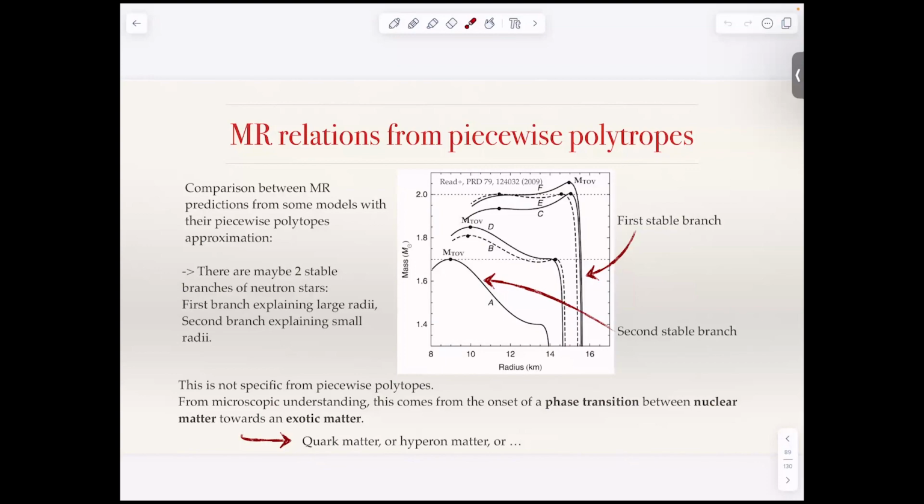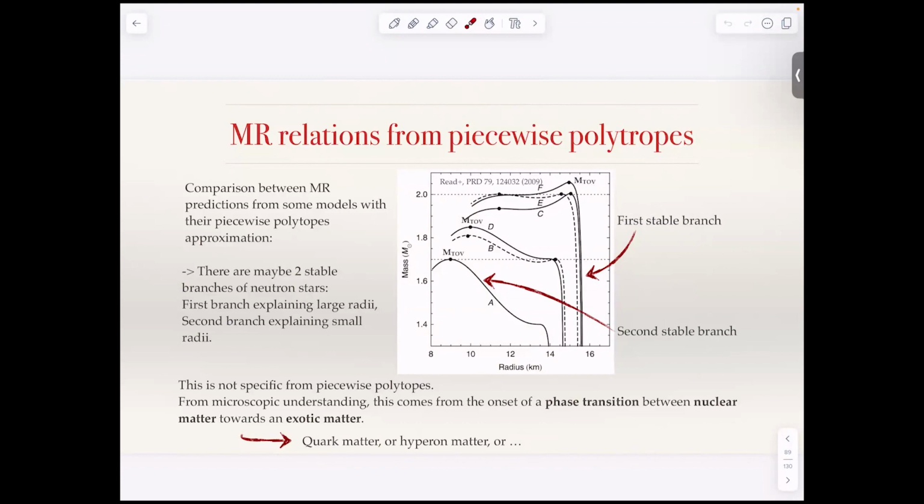I tried to explain in simple words how it evolves in a dynamical way, but there are some aspects of the problem that are not described here, for instance the finite temperature, the presence of neutrinos, and so on.